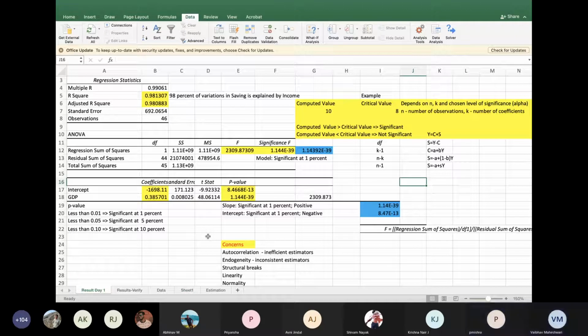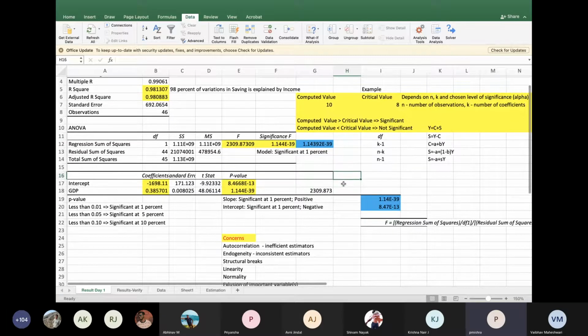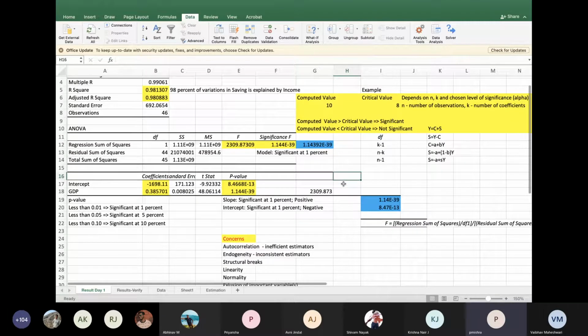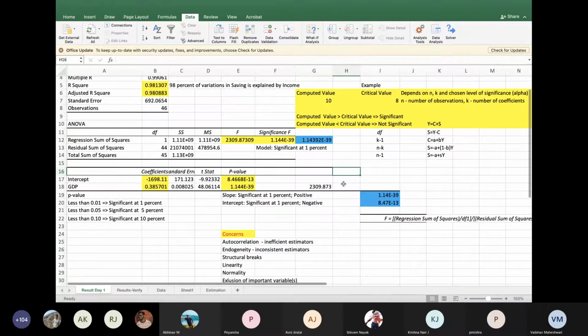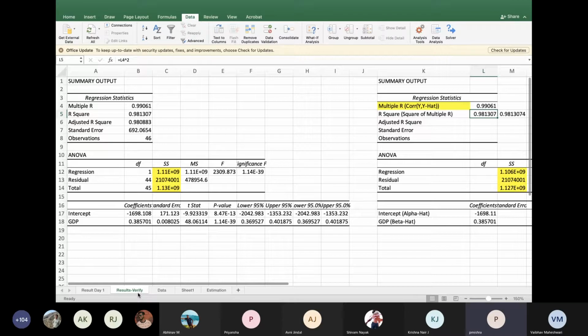Yes, sir. But if I want to make use of the different formulas that we have studied, and if I just want to verify the results, how to go about it? This results verify worksheet basically talks about that, isn't it? Yes, sir.